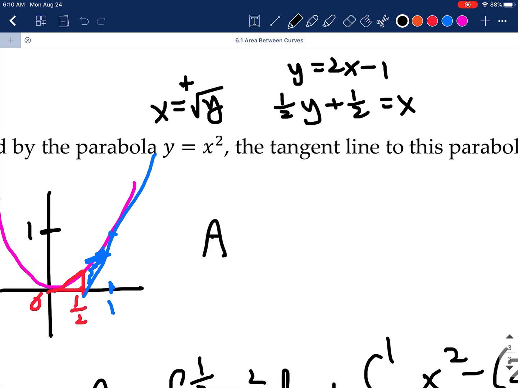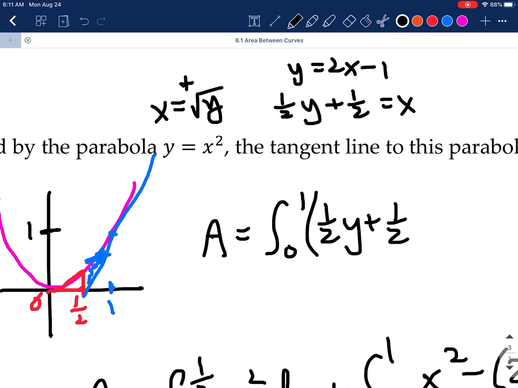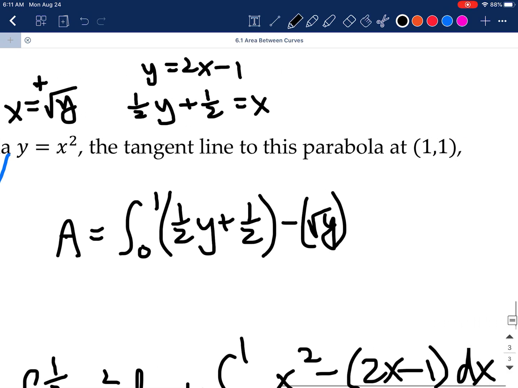So the area, if we did it as a function of y, would be the integral from 0 to 1, 1/2 y plus 1/2 minus radical y, dy.